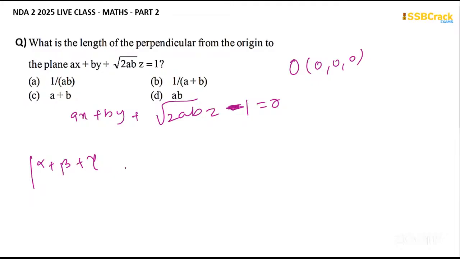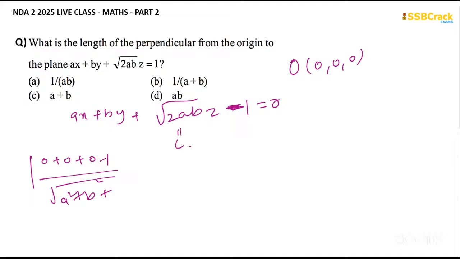So it is d. Okay, so in our case we have 0 and we multiply by 0, anything, it does not matter. So it is 0 plus 0 plus 0 minus 1 upon root a square b square plus the square of this quantity. This is c.